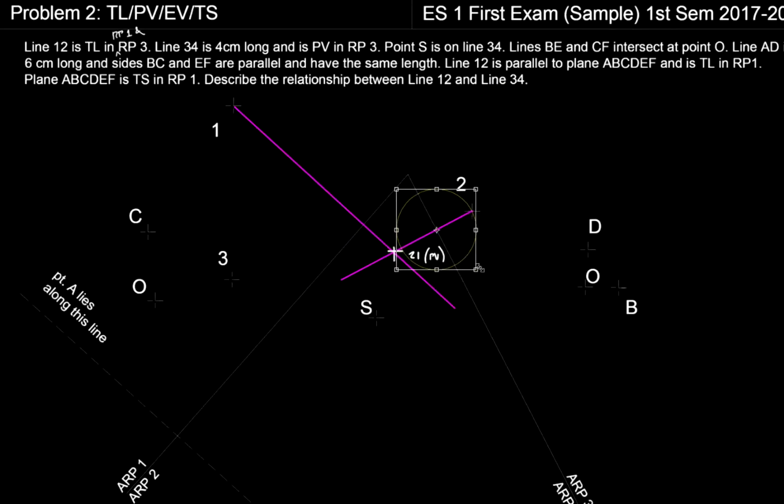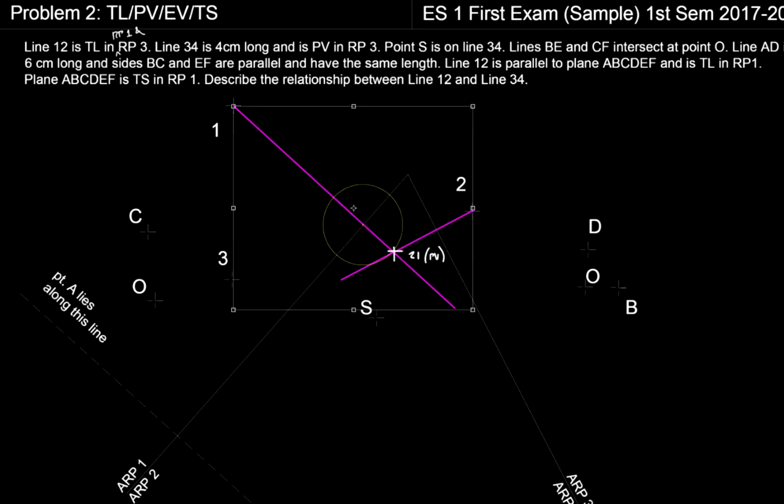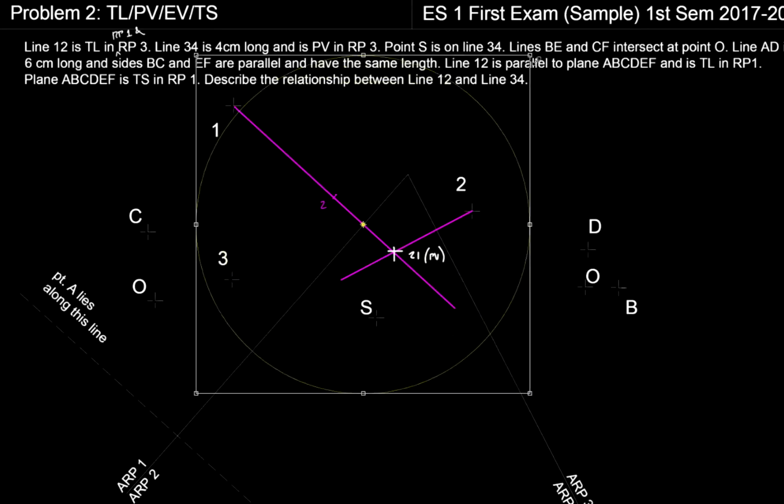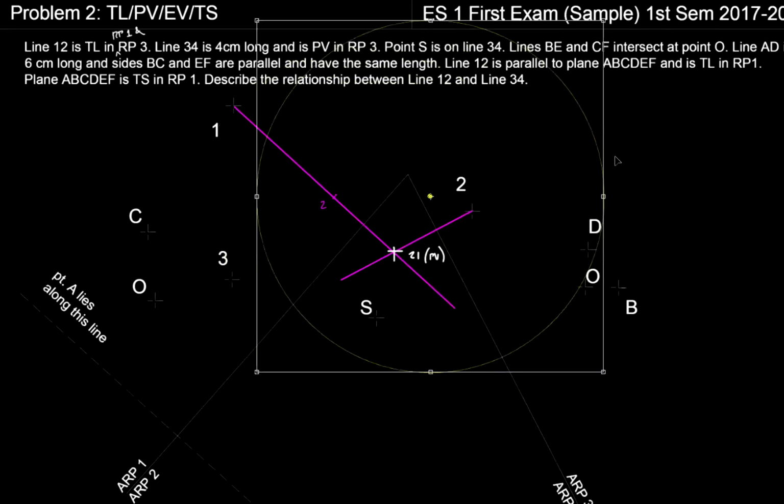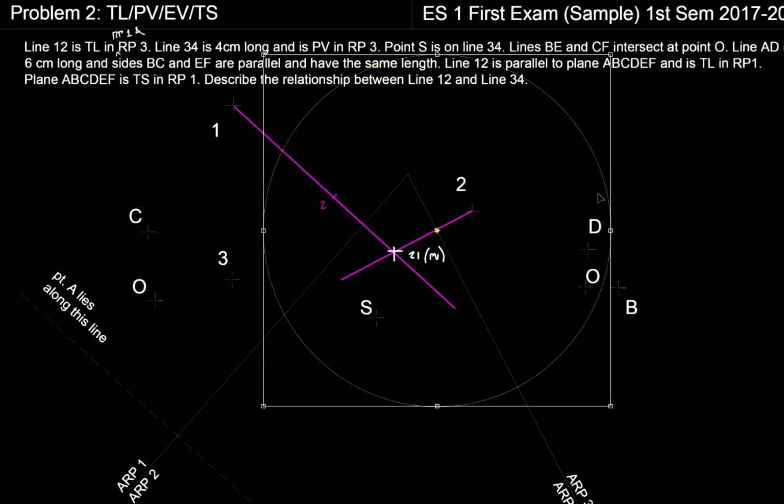If I copy this distance, then I can determine the location of point 2 here. Then for point 1, I just copy this as well. Similarly, since this is ARP3, 2 views away from it is ARP1.